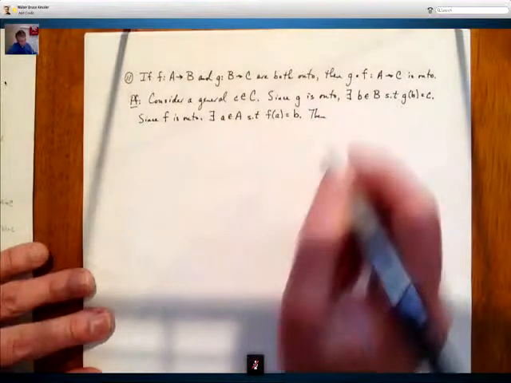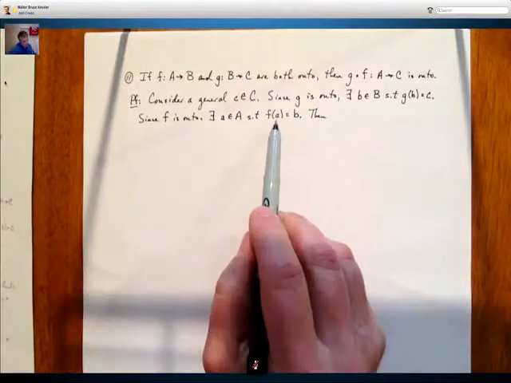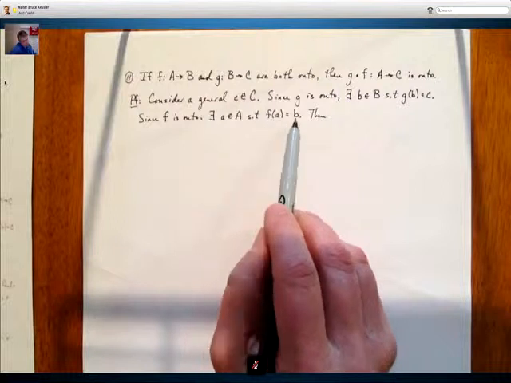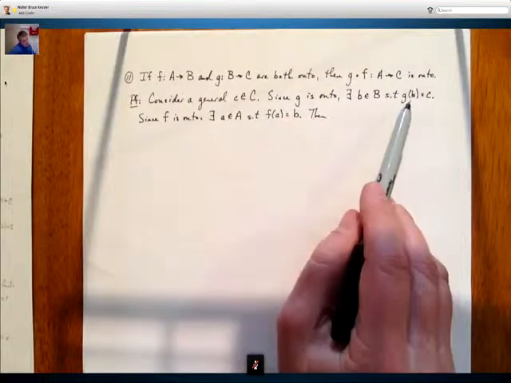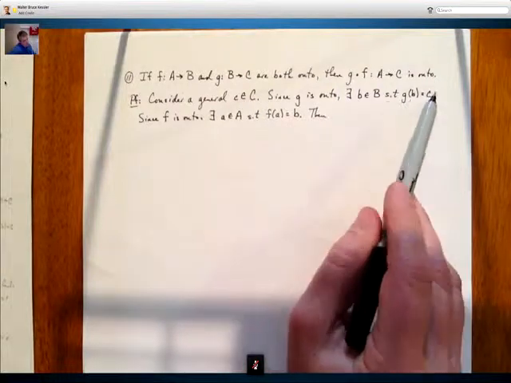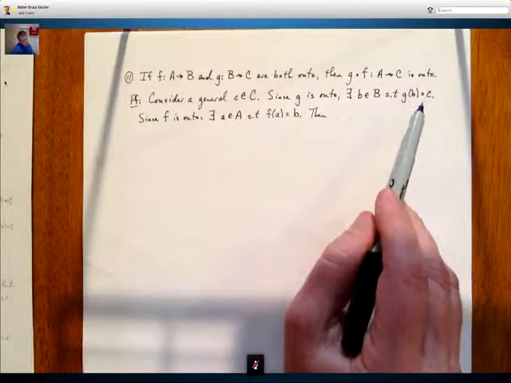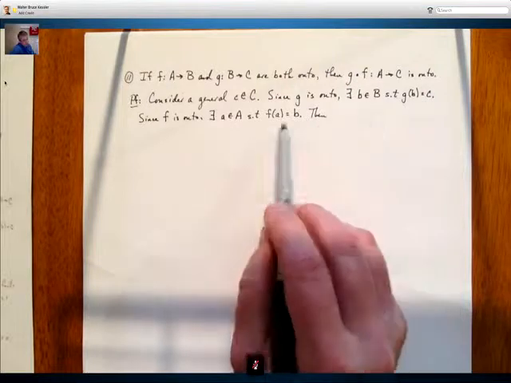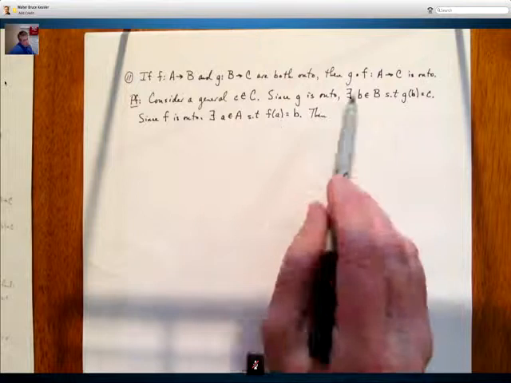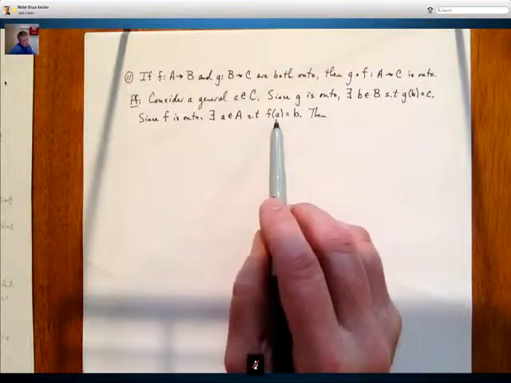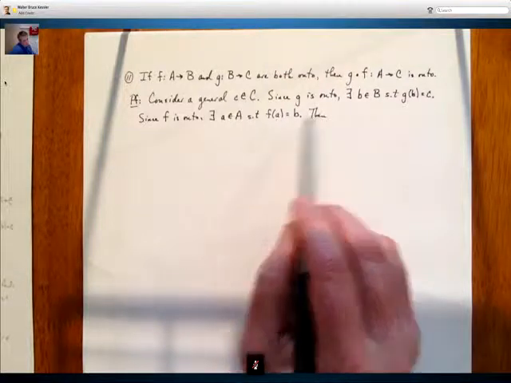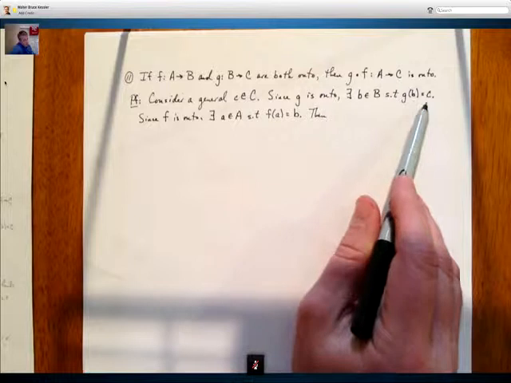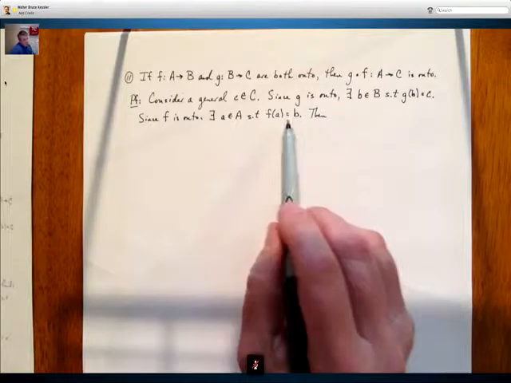Then look at what we have. I've got F taking A to B, and then G taking B to C. But more than that, well, that is the point. So that now I've got this composition that takes F of A to B to C. Okay?